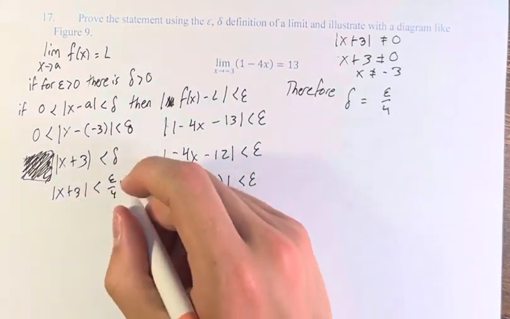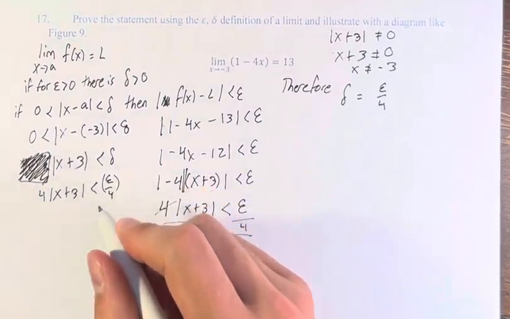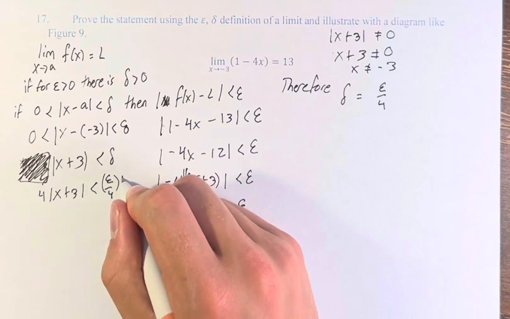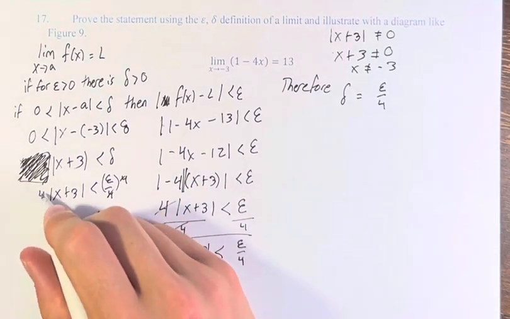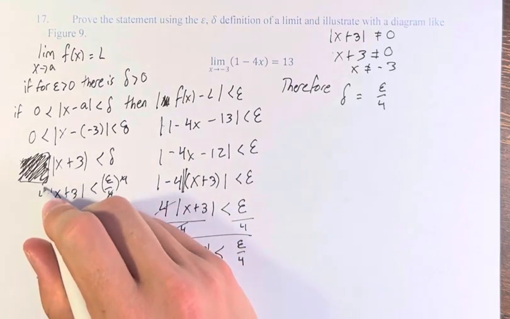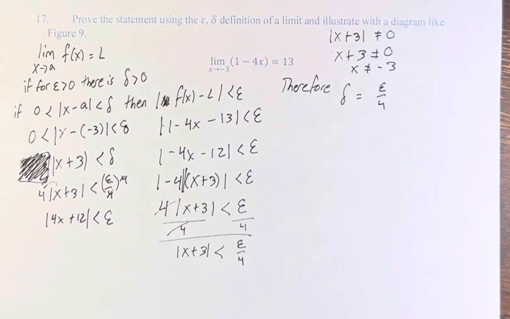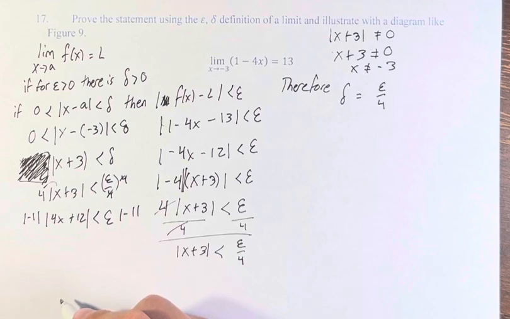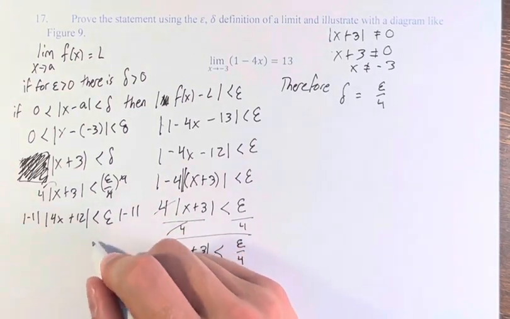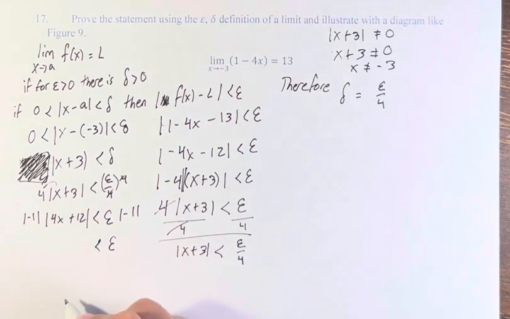We can then multiply both sides by 4, and say, okay, epsilon is greater than 4 times x, which is 4x, plus 4 times 3, which is 12. And then we just have to multiply both sides by the absolute value of -1. The absolute value of -1 is just 1, so this is epsilon times 1, which is just epsilon.